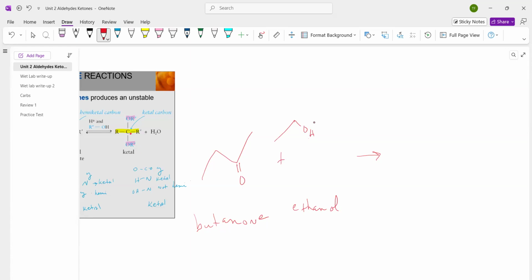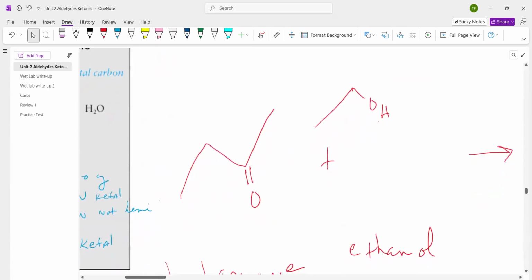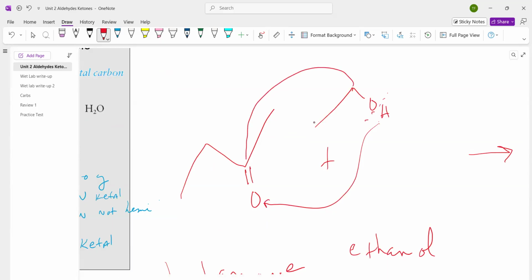The H goes here, and then this goes there, and that's the anomeric carbon. So this is going to be our primary backbone, secondary backbone.